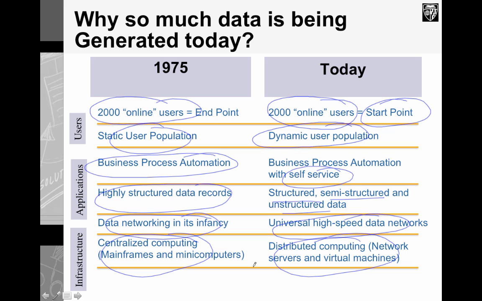You also have your mobile phones that are always connected to the internet, and they're sending data back and forth. So distributed computing from that angle too. So there's a lot of data being generated because a lot of devices and a lot of users are coming online.